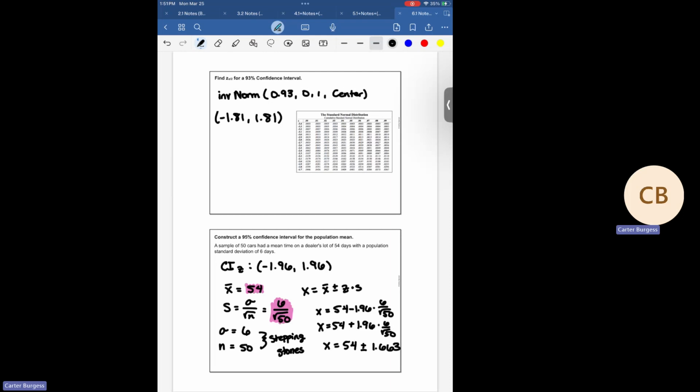Again, think of that 1.663 as being a little bit above the mean or a little bit below. But as far as confidence intervals go, we're actually going to add and subtract that particular value.